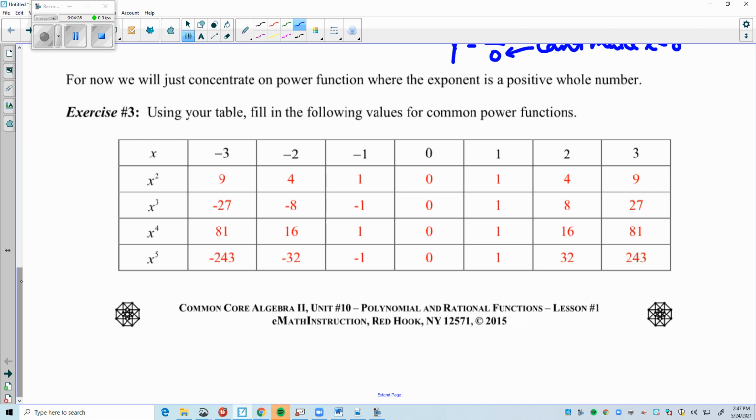Notice the big difference between your even exponents versus your odd exponents. So that's really what I want you to focus in on. Okay, so with your even exponents, when x is both negative and positive, I can see here, x being negative 1, I get 1, x being positive 1, I get 1.